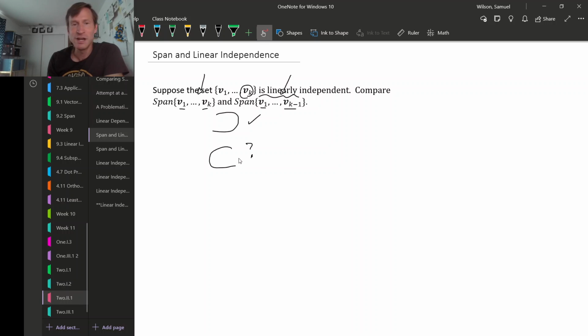Is it true that every vector in the span of v1 through v_k is in the span of v1 through v_{k-1}, right? And since these vectors are linearly independent, we are hoping that the answer is no, right? Our goal for linear independence was that when vectors are linearly independent, there aren't any redundancies when you take the span.